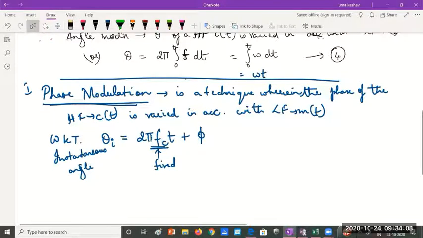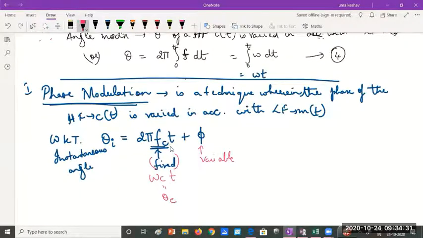2 pi fc is omega c, yes or no? So 2 pi fc into t represents omega c into t, and this whole thing is the angle theta c, the fixed angle. I was telling you this angle theta is a sum of a fixed angle and a variable angle. So 2 pi fct is nothing but omega into t, and omega into t gives you theta.